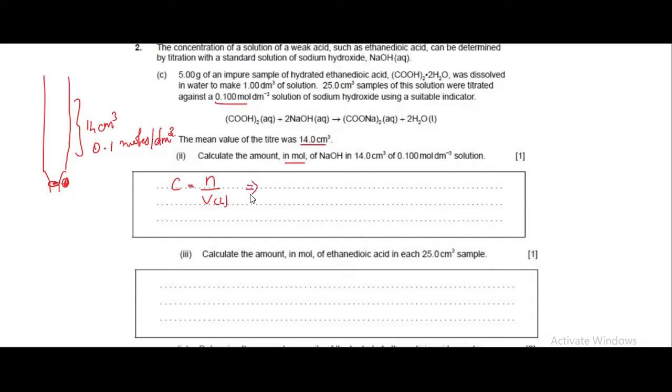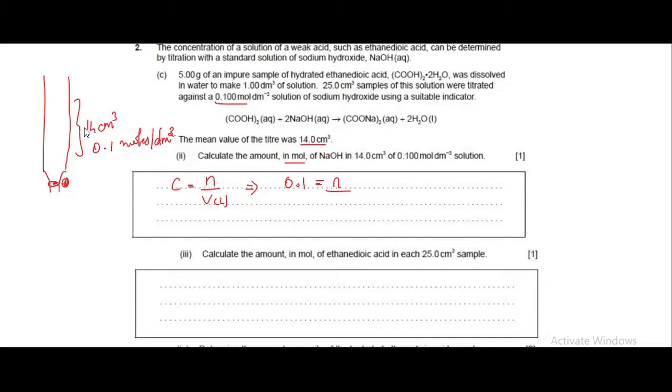When we substitute, the concentration is 0.1 moles per dm cube. Number of moles is our target. We don't know how many moles there are. Volume of solution has to be in liters. We have it in centimeter cube or ml, so we have to convert it into liters or dm cube.